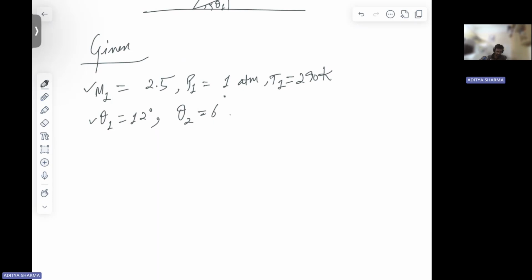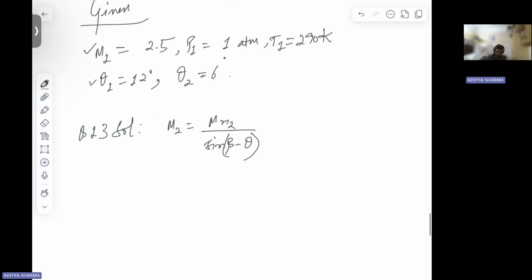Then here we need to calculate question number 13 solution. M2 we need to calculate, right? So for M2 we need Mn2 by sine beta minus theta. Now theta here is theta 1.